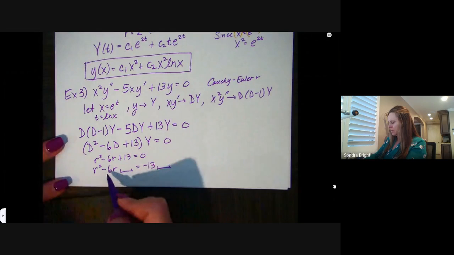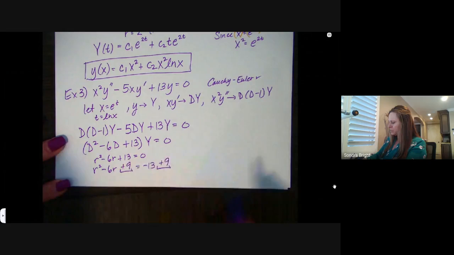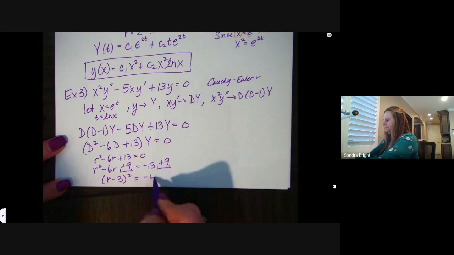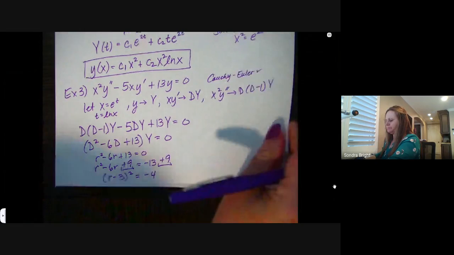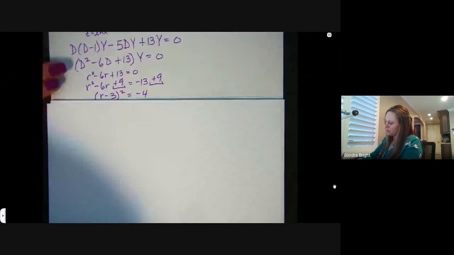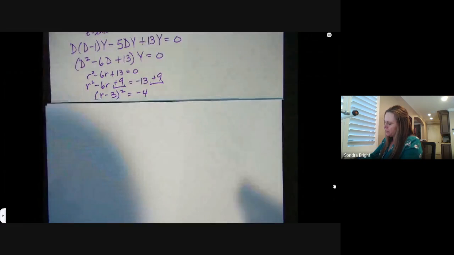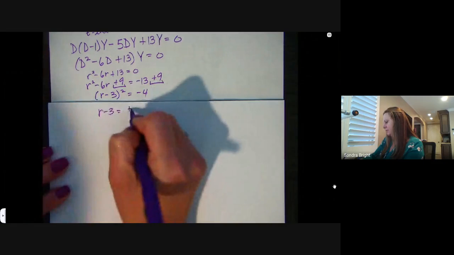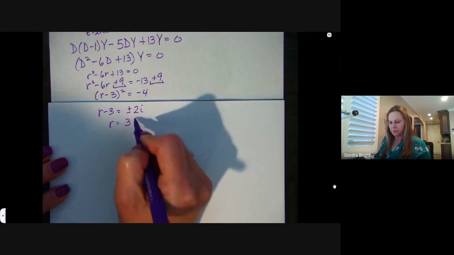So adding 9 to both sides, this is r minus 3 quantity squared equal to negative 4. Then taking the square root of both sides would give me plus or minus 2i, and then adding 3. There you go, there's your roots.